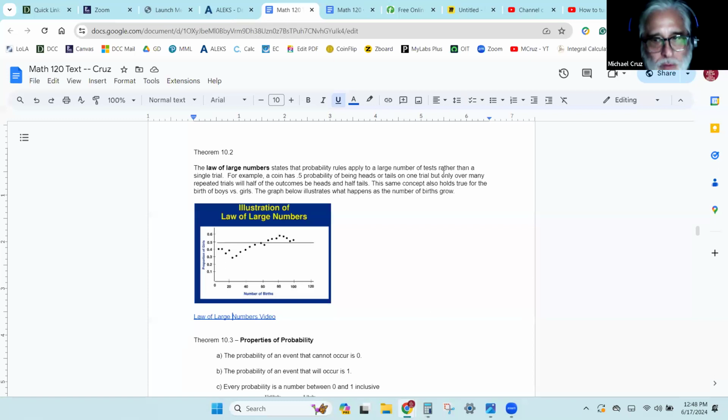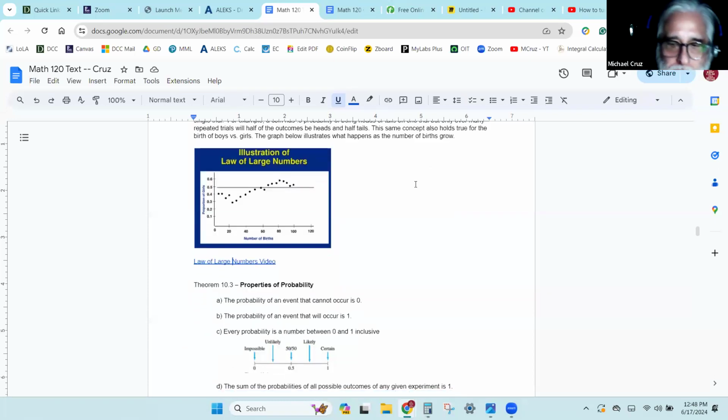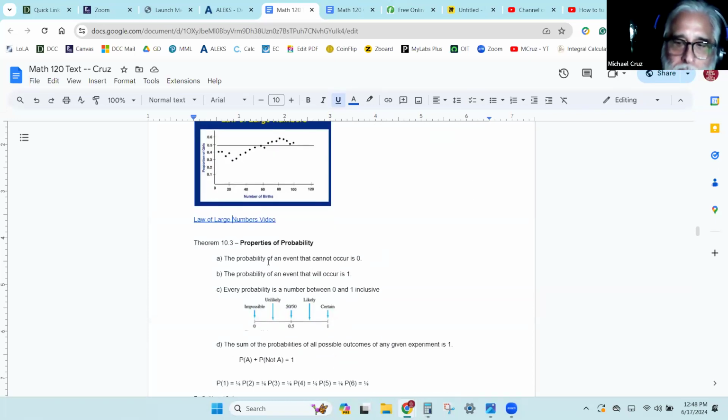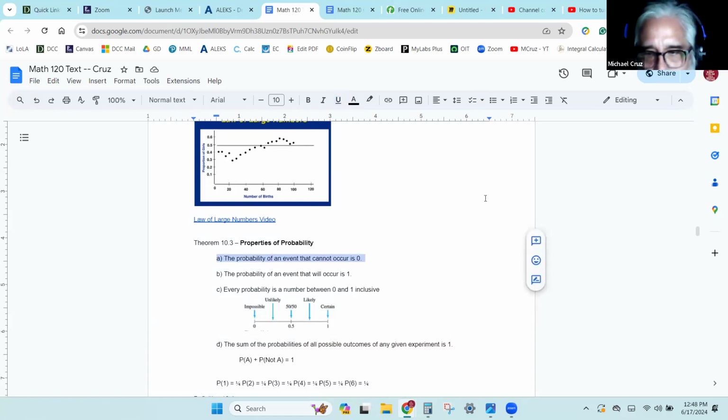Now, here's some things that we know about probability. Properties: the probability of an event that cannot occur is 0. So something that has 0 probability means it's not going to happen.